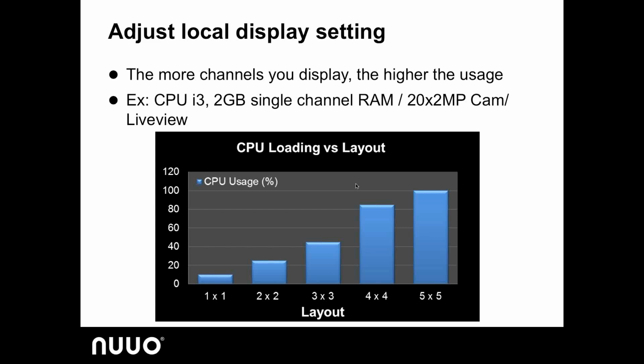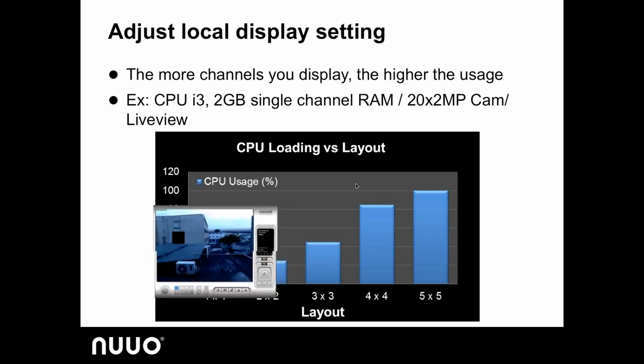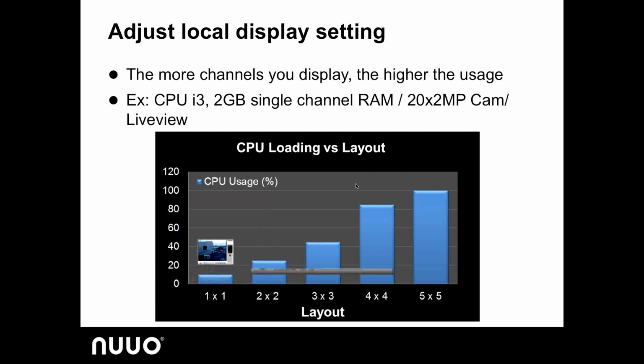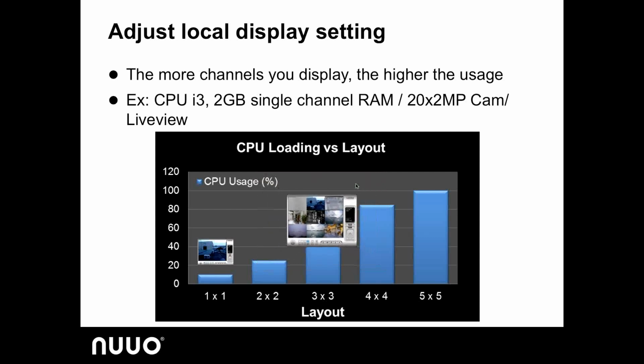We're using an i3 CPU and 2 gigabyte single channel RAM, and we are viewing 20 cameras at 2 megapixels. If we're using a one by one layout, that means the full screen, we only consume around 10% CPU usage.